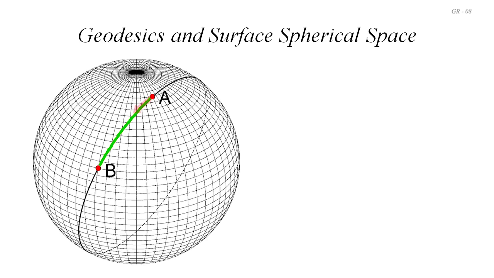Once again, however, if you started from A and moved in the direction of the red arrow, and if you continued in that direction, seeming to move in a dead straight line on the surface, you would eventually reach point B, having travelled the shortest path to get there.